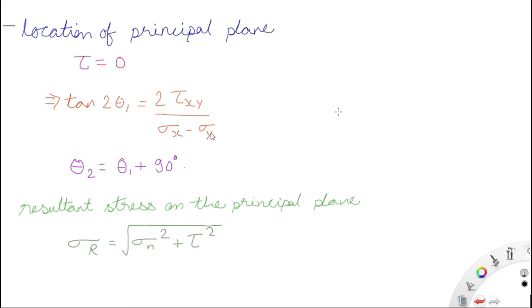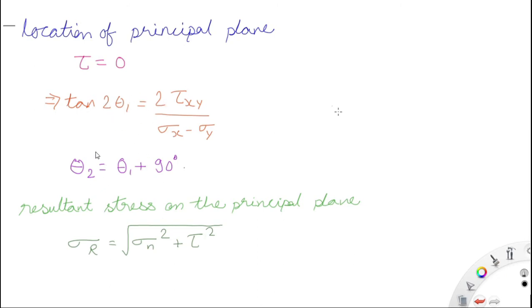This formula will give theta 1. Then there will be another principal plane inclined at angle theta 2, which is theta 1 plus 90 degrees, meaning the two principal planes will be perpendicular to each other. One will be inclined at theta 1 and another at theta 2.